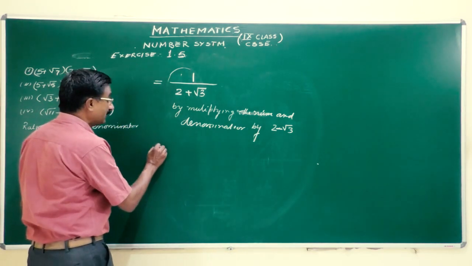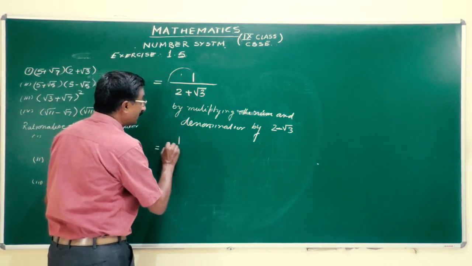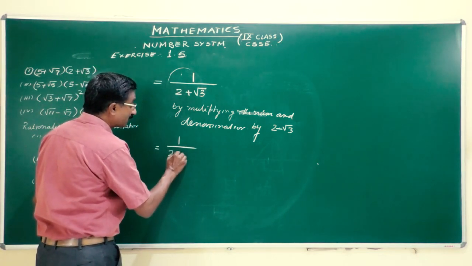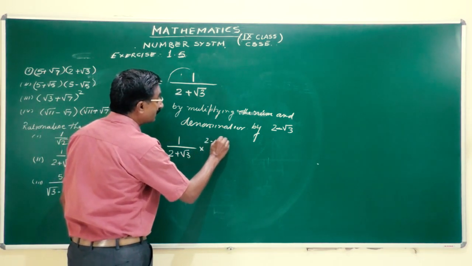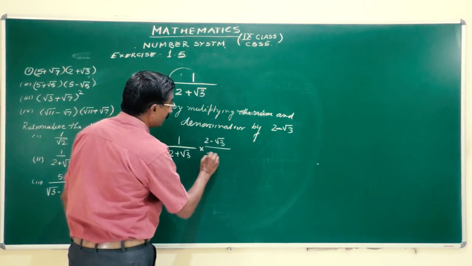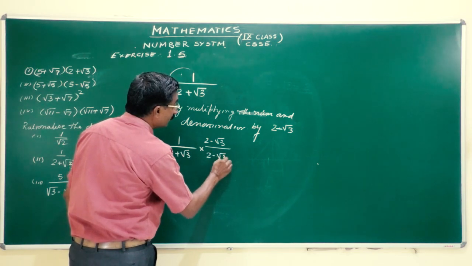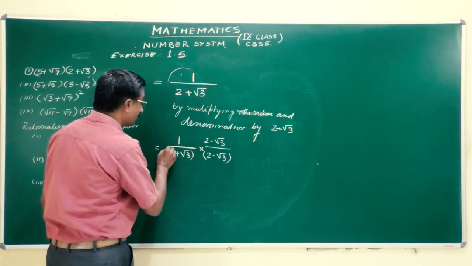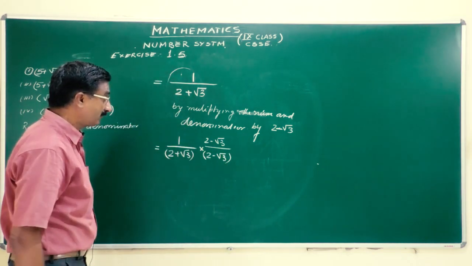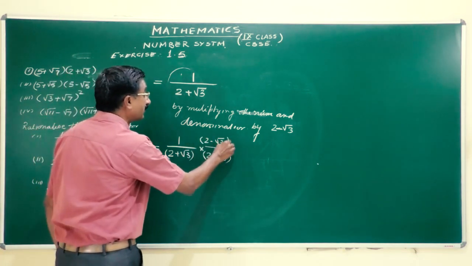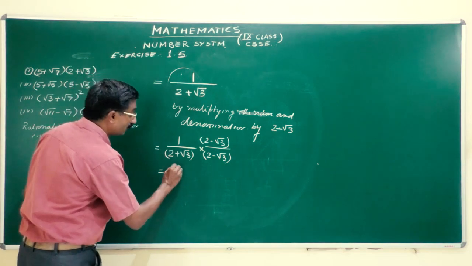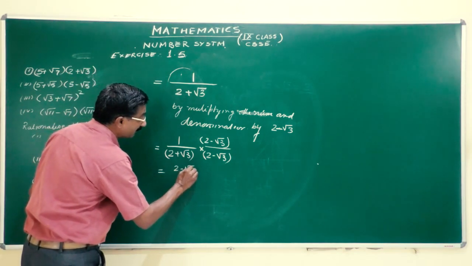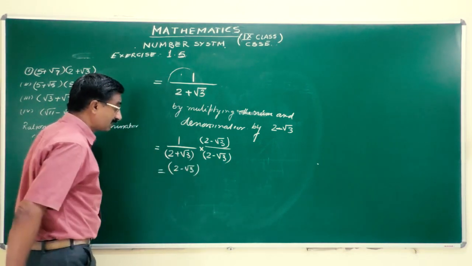Clear? So this is equal to, now as I have written above, 1 upon 2 plus root 3 multiplied by 2 minus root 3 upon 2 minus root 3. So I will enclose the term into the brackets so that there should not be any confusion while writing. So it is equal to 2 minus root 3, I will write as it is, 1 multiplied by this value.